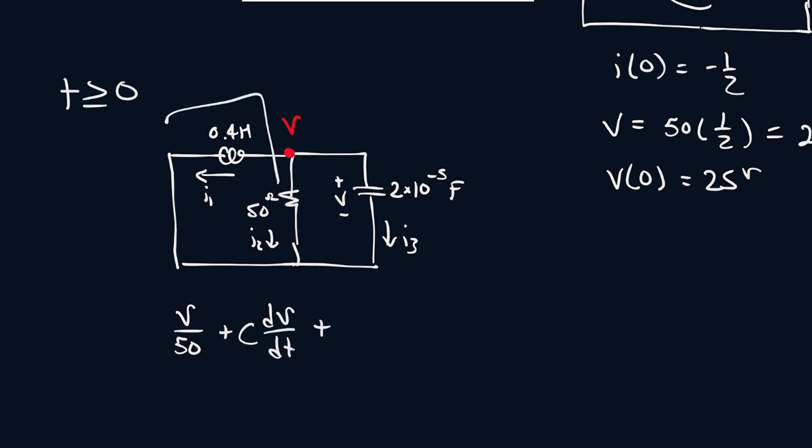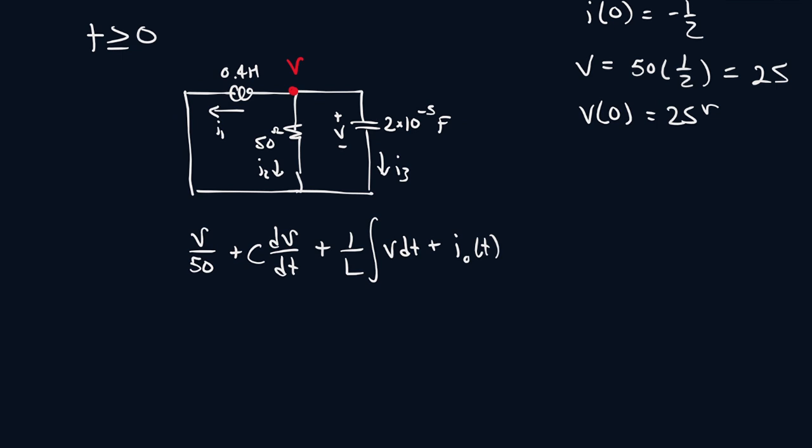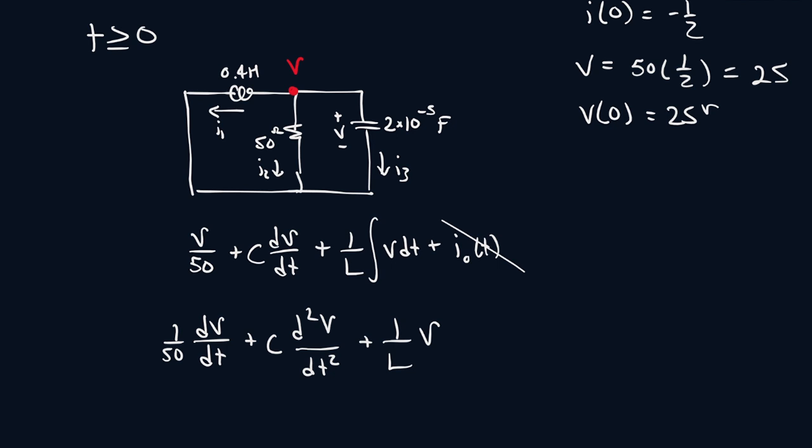And to represent the current passing through the inductor, it's going to be 1 over L times the integral of V dt plus I at 0, the initial current passing through the inductor. Now I want to get rid of this integral, so I'm going to differentiate this whole thing. So it'll be 1 over 50 dV over dt plus C d2V over dt squared plus 1 over L times V. And then this is a constant, so this just goes away.